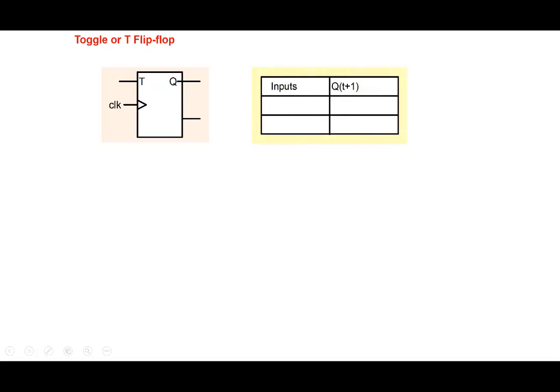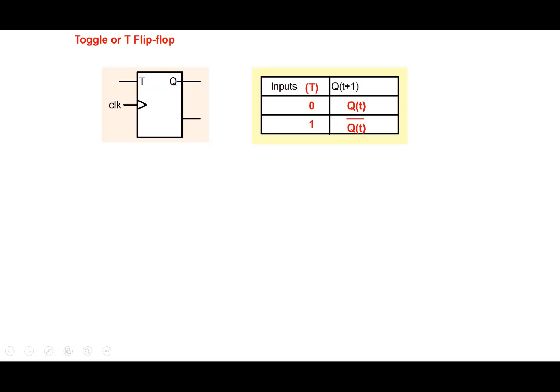There's another flip-flop called the T flip-flop or toggle flip-flop. This also has only one input, and as its name indicates, if the T input is 0 and the clock edge comes, the output is the same as before. Q(t+1) is Q(t). On the other hand, when T is 1, the output toggles.